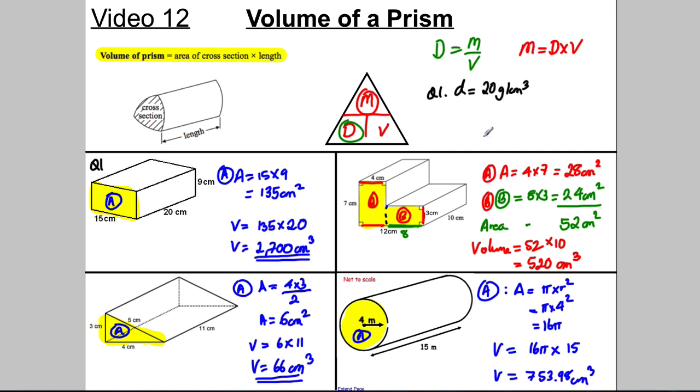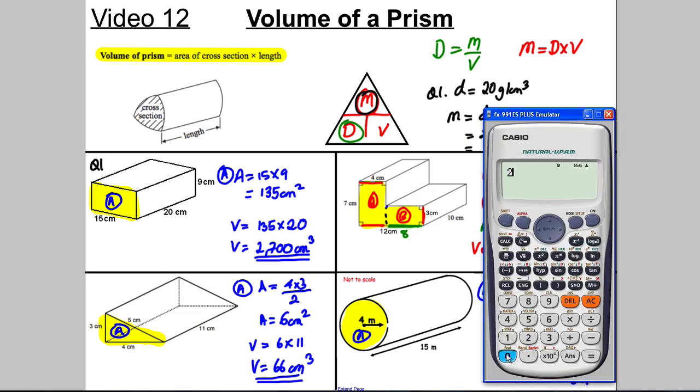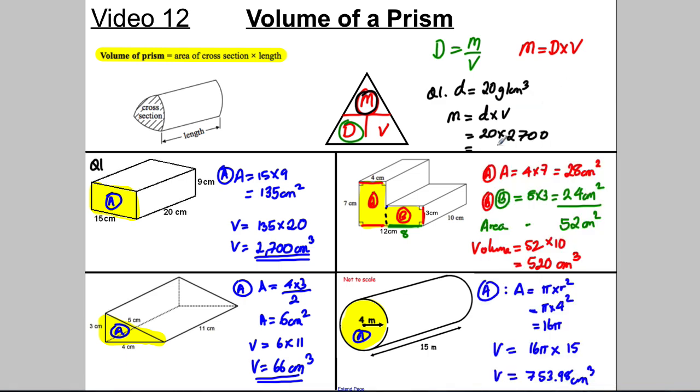It might ask us for the mass in the question, and so we'd remember this triangle, and the mass is density times volume. Mass would be the 20 multiplied by the volume we've worked out, 2,700, and we tap that in the calculator, 20 multiplied by 2,700, which is 54,000. So 54,000 grams, which is 54 kilograms, something like that. So that's how we could use this here.